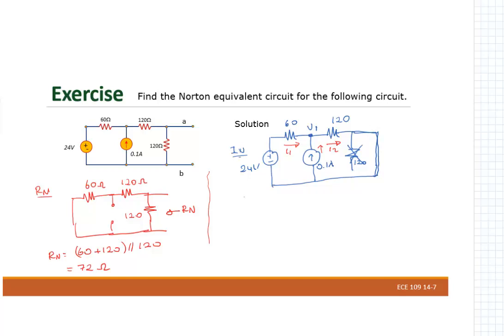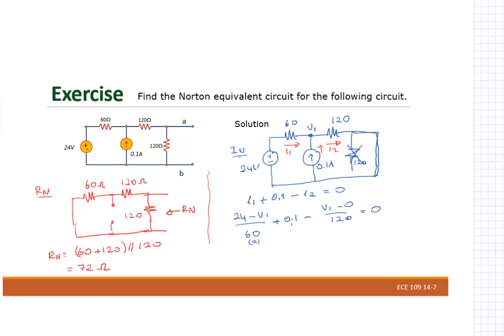Okay. Can I say here I1 going in plus 0.1 ampere going in plus I2 going out negative and equals 0. What is I1? Can I say it's 24 minus V1 right there divided by 60 plus 0.1 negative here. Can I say here V1 minus 0 divided by 120 equals 0. So I'm gonna multiply this one by 2.